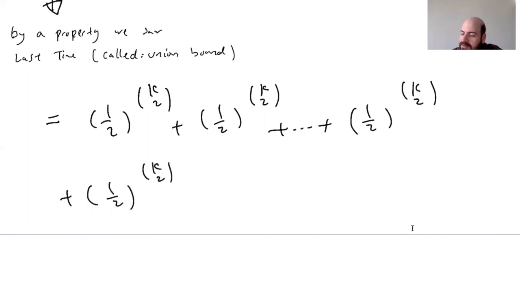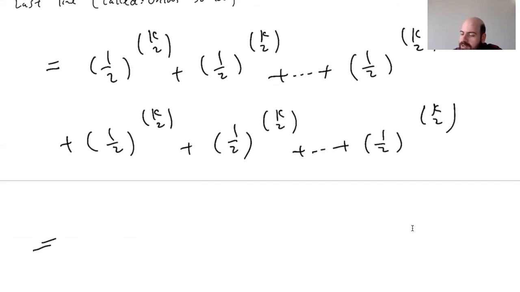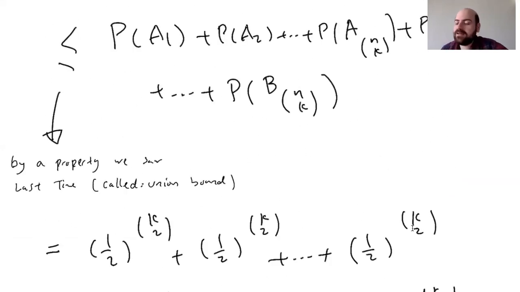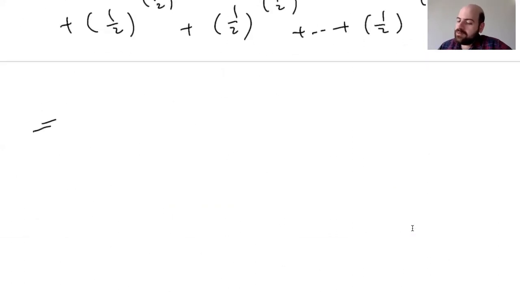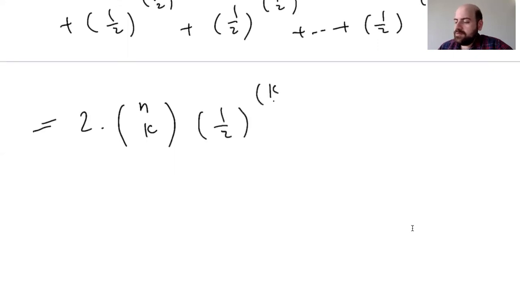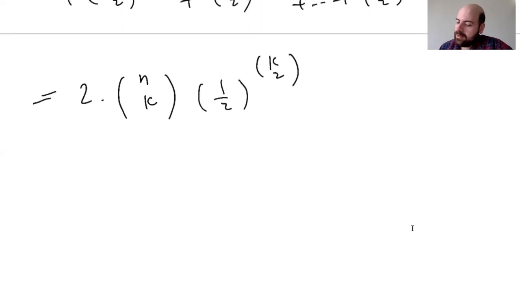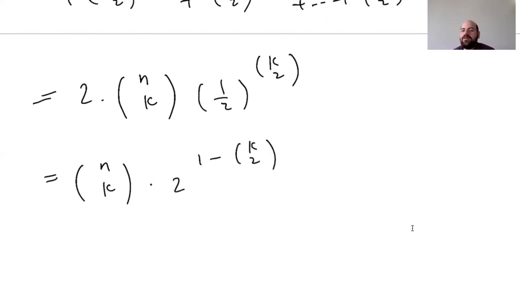So the first line is for Ai's and the second line for Bi's. So how many such elements do we have? Well, we have n choose k Ai's and again n choose k Bi's. So 2 times n choose k times 1/2 to the power k choose 2. And this is n choose k times 2 to the power 1 minus k choose 2, because 1/2 to the power k choose 2 means 2 to the power minus k choose 2, so times 2 is 2 to the power 1 minus k choose 2.